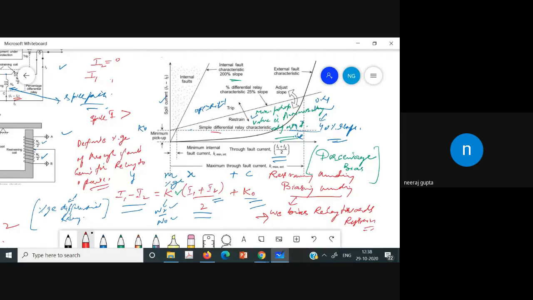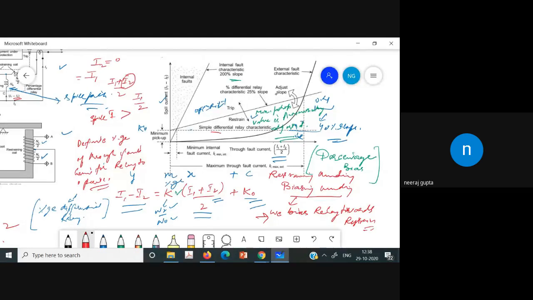Now the circulating current is actually I1 plus I2 divided by 2. Since I2 is equal to 0 in case of the internal fault, we neglect it. So we will have the circulating current I1 divided by 2.